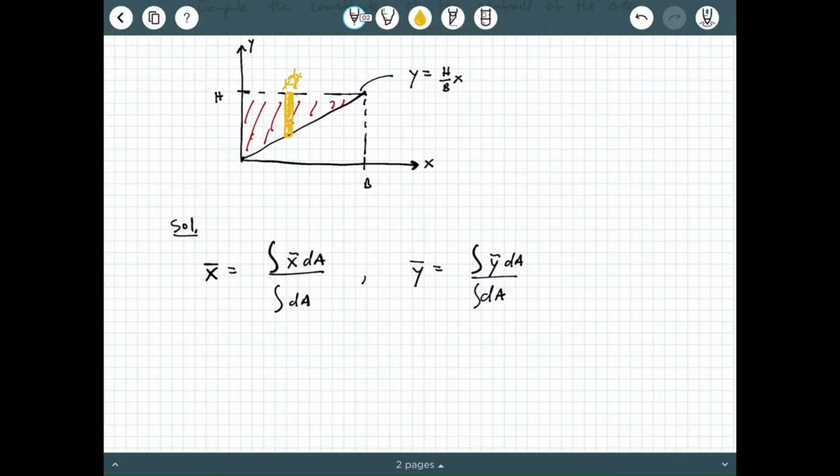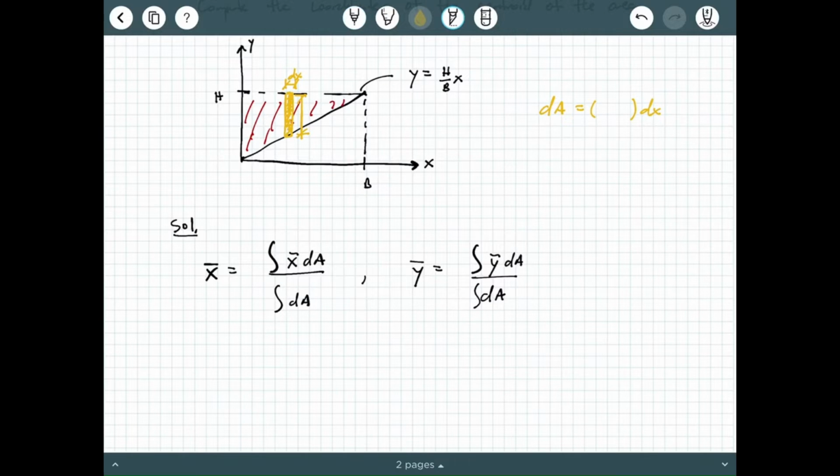But what is the height of this differential area right here? Let's write this off to the side. dA is going to equal something times dx.